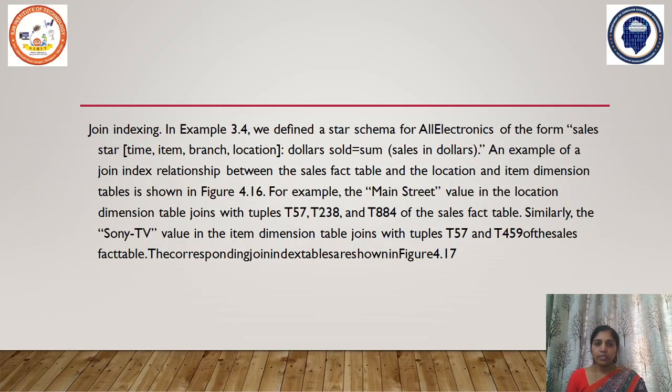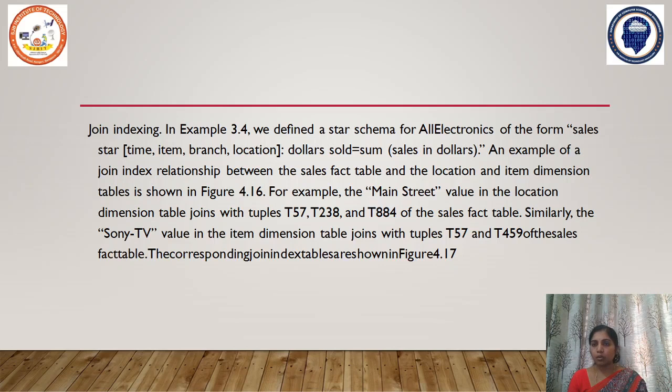We have a location dimension table, an item dimension table, and in between we have a sales table. The foreign keys of the sales table are matched with the primary keys of the dimension tables.